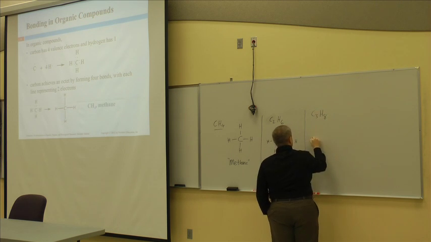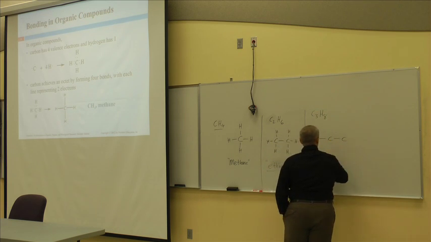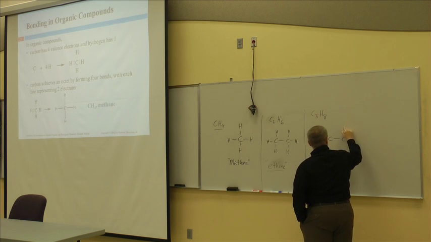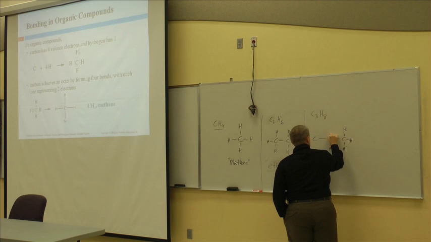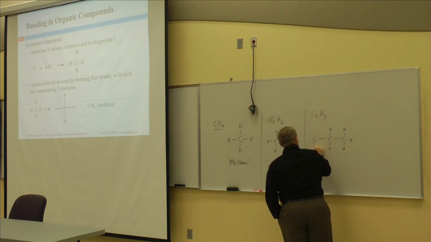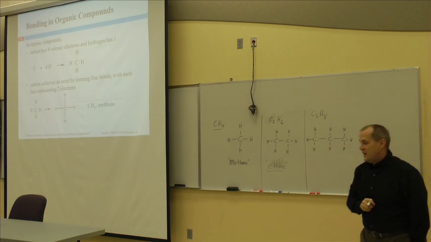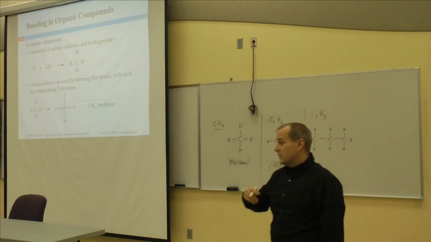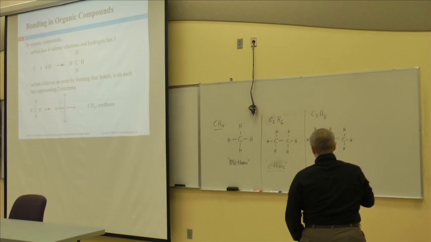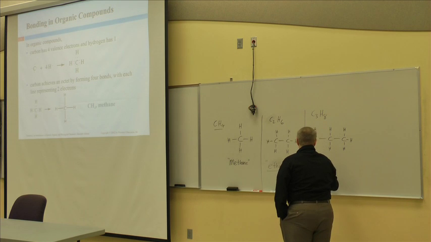Now the next one, C3H8. That's like this: 3 carbons in a linear chain, and H, H, H, H. So many H's. Does every carbon in that structure have an octet? Yes, they do. That one is called propane. We know propane, right?